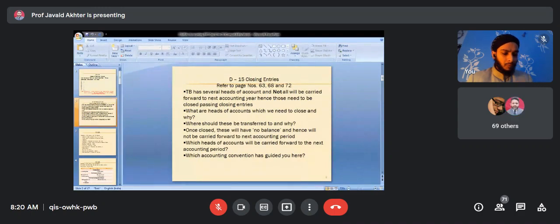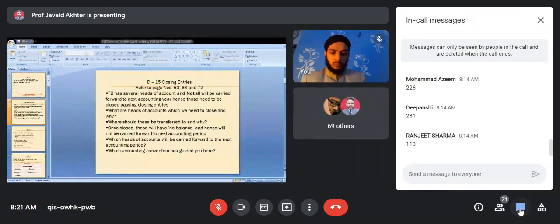Okay, now just write your answer. Let me type the question: which side of the P&L account will rupees 20 appear? I have explained to you what the 20 is.